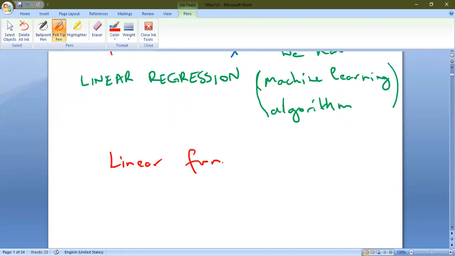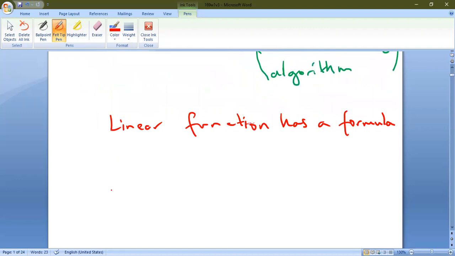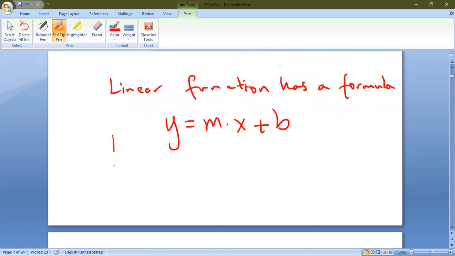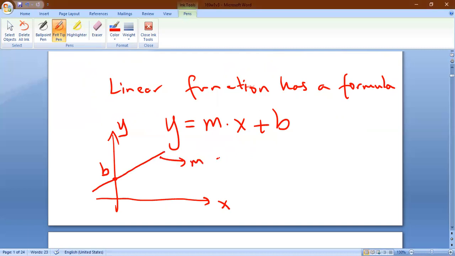Okay, well, these linear functions actually have a common formula. Let's write this thing. So the formula is y equals m times x plus b. So here, y and x are the input and output axis. b is where the line intersects the y-axis, and m is the slope of the line.